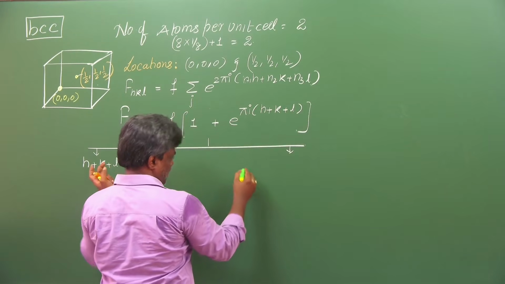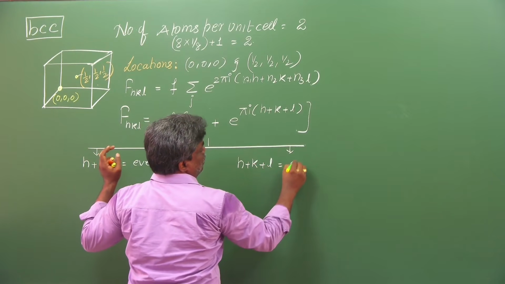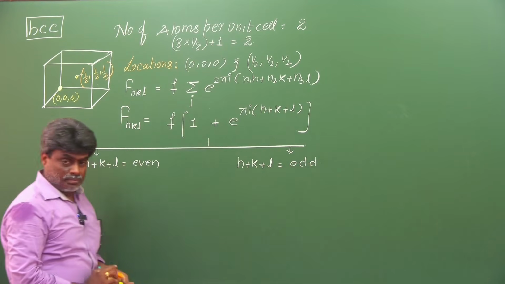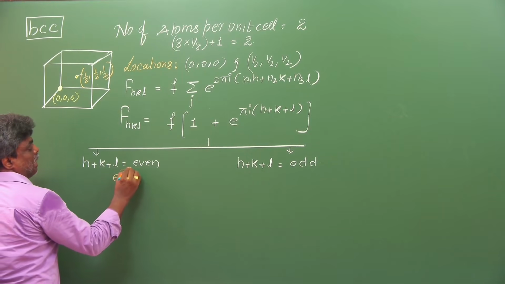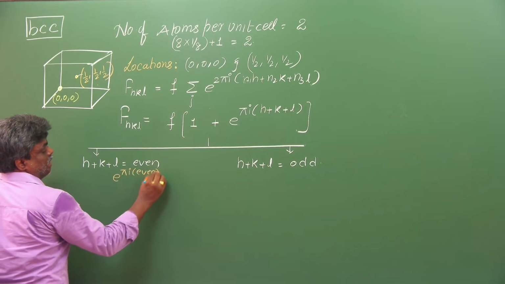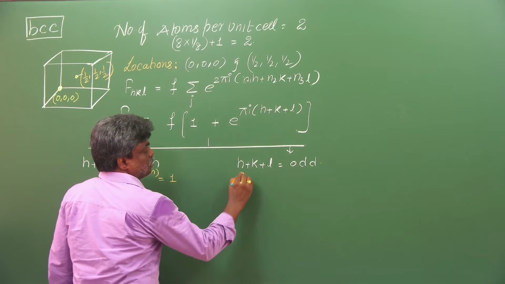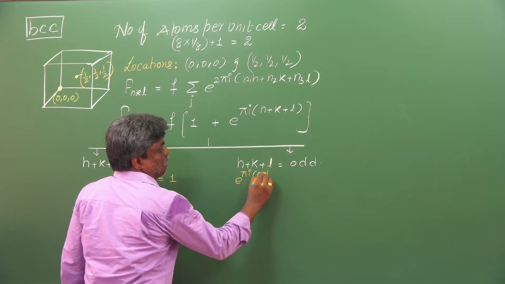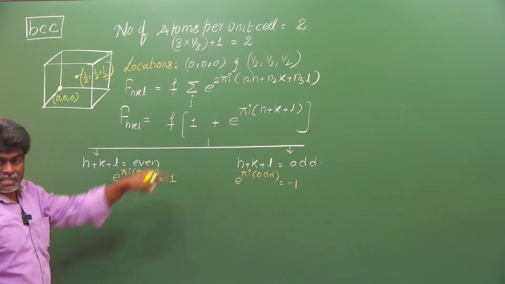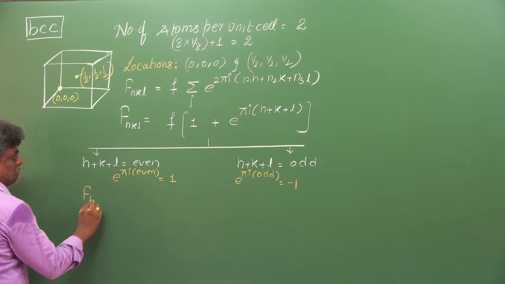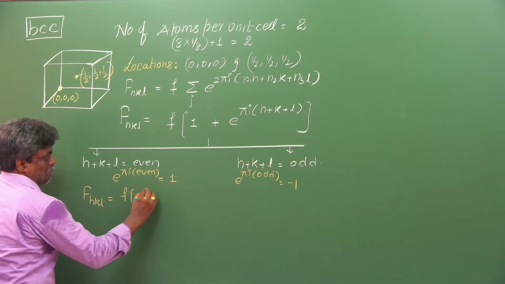I am taking even, or I will take H plus K plus L is odd. If it is even, I hope everybody knows, e raised to pi i times an even number is always equal to 1, and e raised to pi i times an odd number is always equal to -1. Now take this one and substitute, then capital F for HKL planes equals f into 1 plus 1, how much?